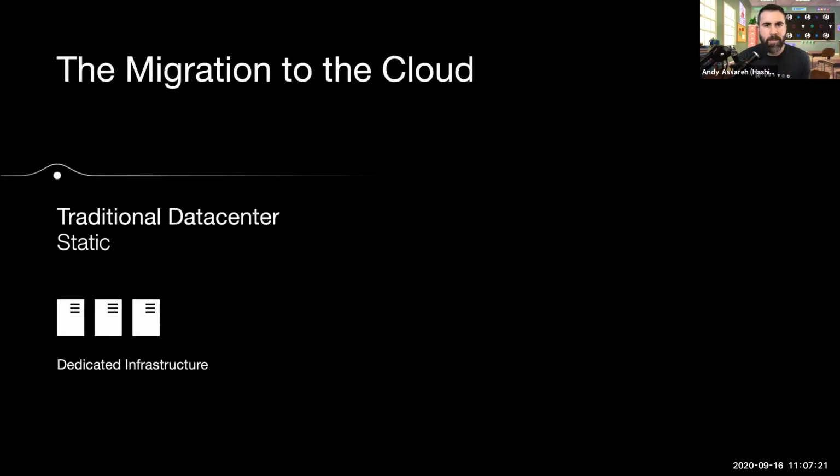Well, let's talk about some of the trends that we've seen happening across technology over the past couple of decades, right? So, let's look at how things were done in the early 2000s, back when I first started in the industry. How were things built, right? Well, it was primarily physical traditional data centers, dedicated infrastructure. If you're running an application, it was running on a particular set of hardware, physical servers.